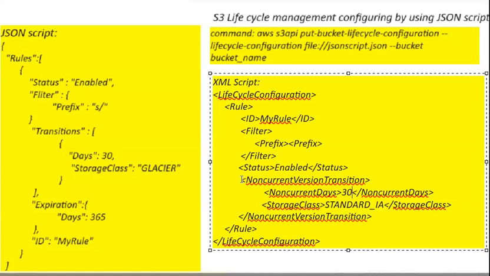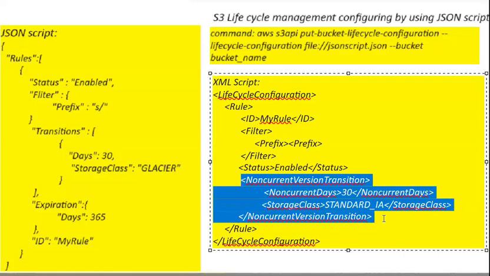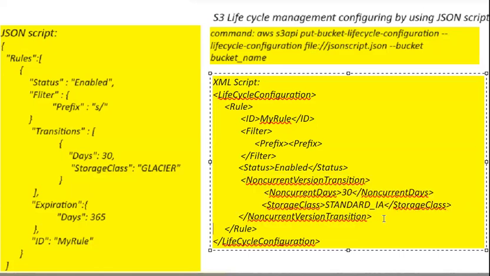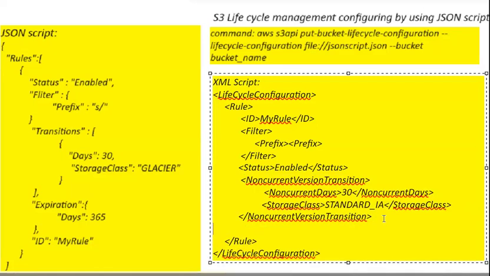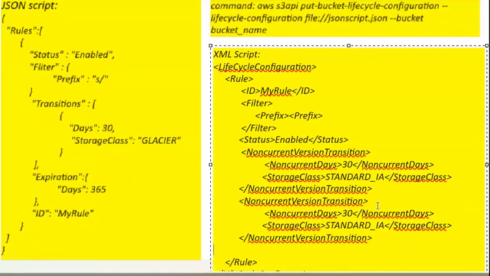Let's say this time I want to perform expiration. How do I write code for that? To write code for that, it is the same as this. So here, in place of non-current version transition, you provide non-current version expiration.